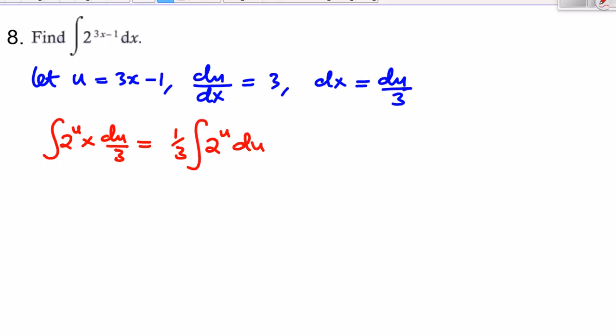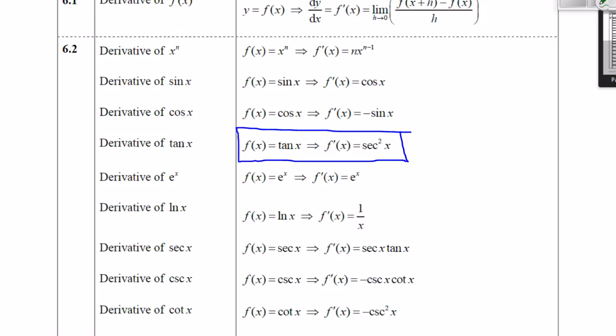Okay, so the main question here is, how do we integrate this guy here? Now you have to go back to the formula booklet. They do give you a way on how you can integrate that.